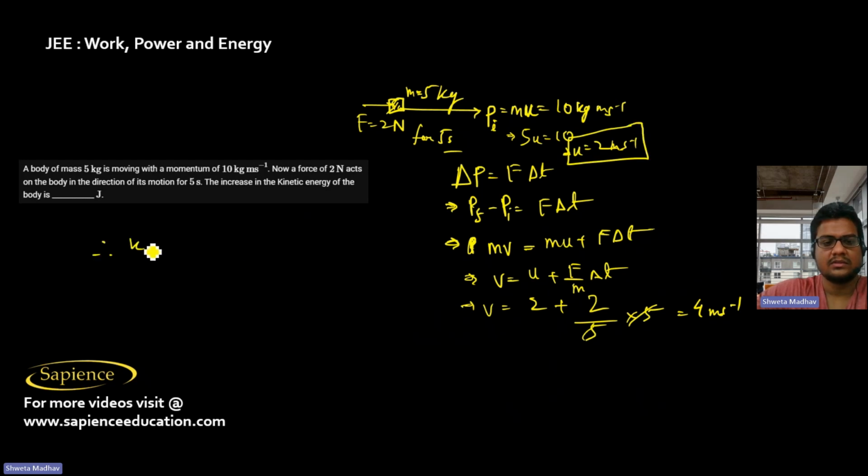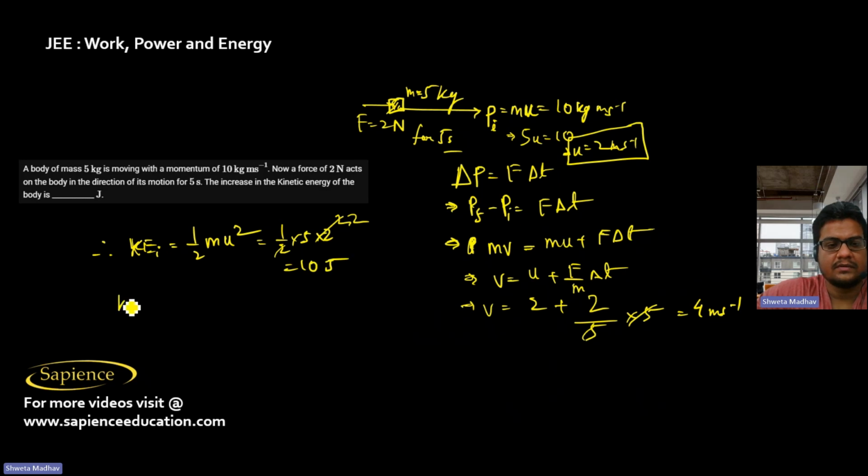So therefore the initial kinetic energy is equal to half mu square, that is half into 5 into 2 square. So that is 2 to the 4, 2 5s are 10 joule. And the final kinetic energy will be equal to half mv square.